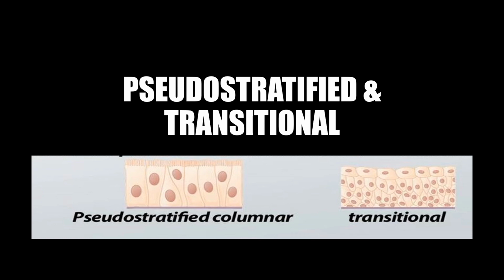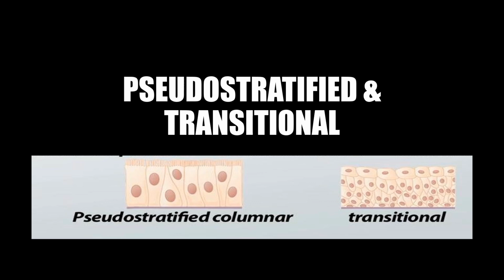So the transitional picture is the epithelium in the bladder, or parts of your urinary passage, which is known as a transitional epithelium. When the bladder is either relaxed or empty, the cells pretty much adopt a stratified cuboidal appearance.